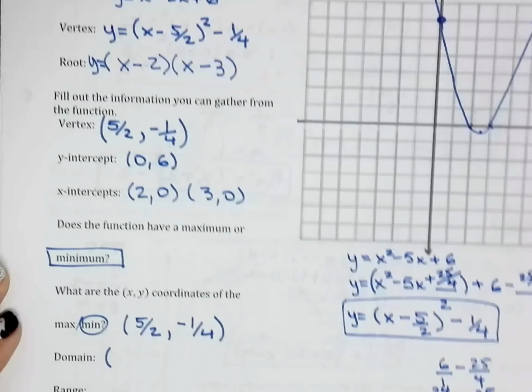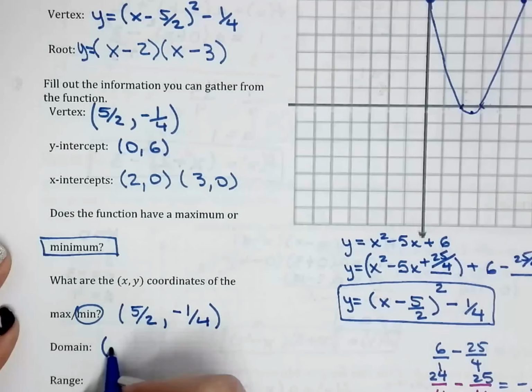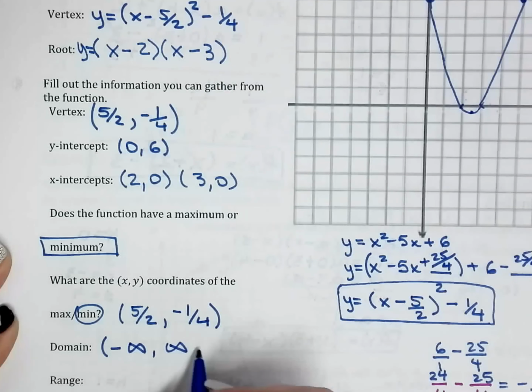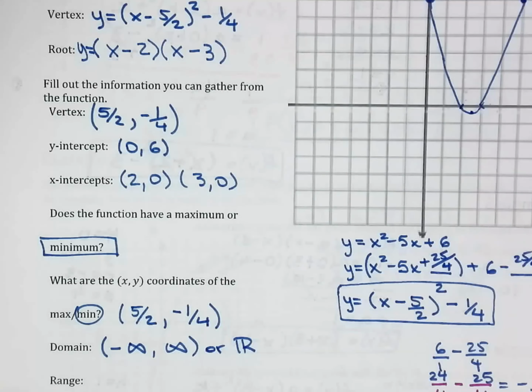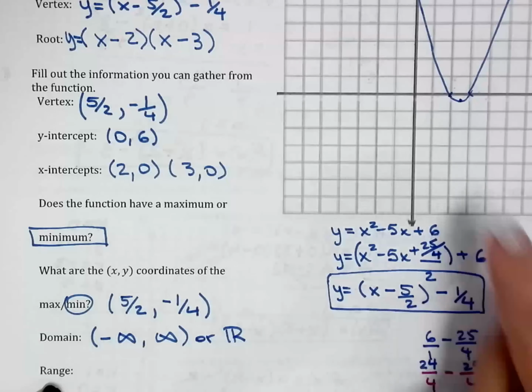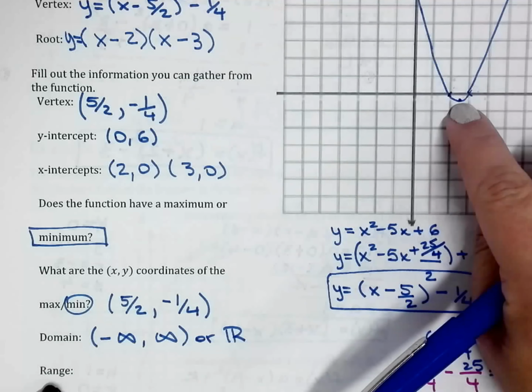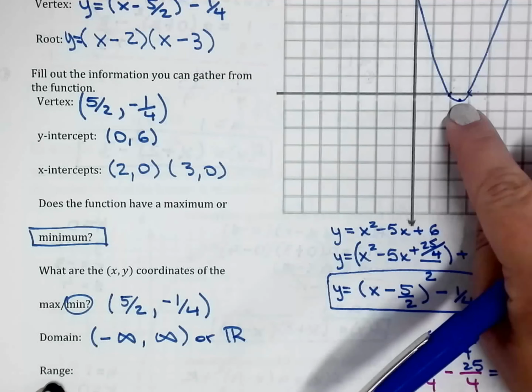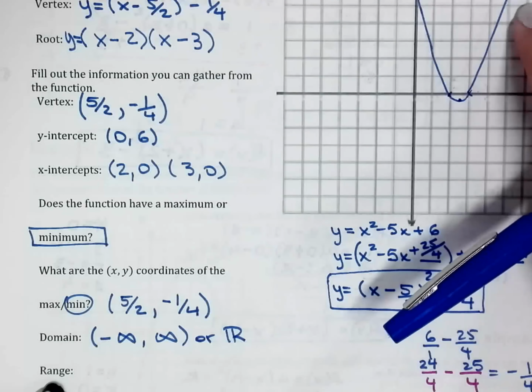The domain for the quadratic function is -infinity to +infinity, or all real numbers. Now the range is everything that starts right there at -1/4 and it goes all the way up to +infinity. So it goes from -1/4 all the way up to +infinity.